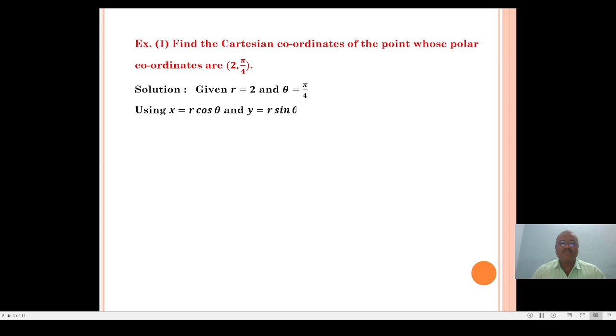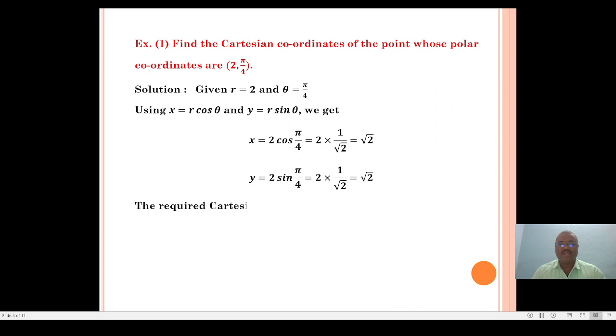Using x equals r cos theta and y equals r sin theta, we get x equals 2 cos of pi by 4, that is 2 into 1 by root 2. So we get x equals root 2. And y equals 2 sin pi by 4 equals 2 into 1 by root 2 equals root 2. And the required Cartesian coordinates are the ordered pair (root 2, root 2).